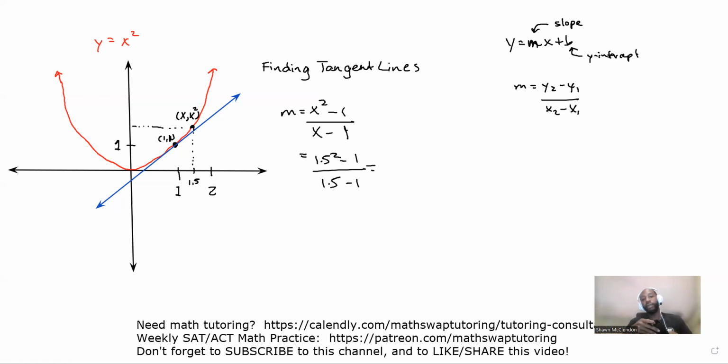Okay, I'm just going to rely on my notes because my calculator is pretty much dead, unfortunately. So 1.5 squared is going to be 2.25, minus 1, over 1.5 minus 1, which is 1.25 divided by 0.5. So that is a slope of 2.1.